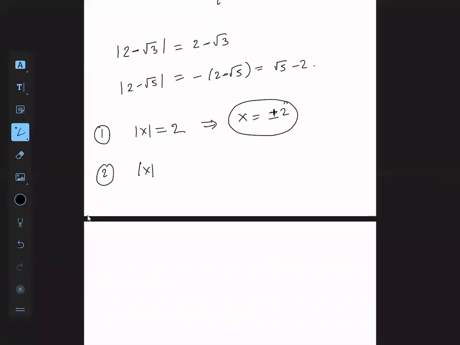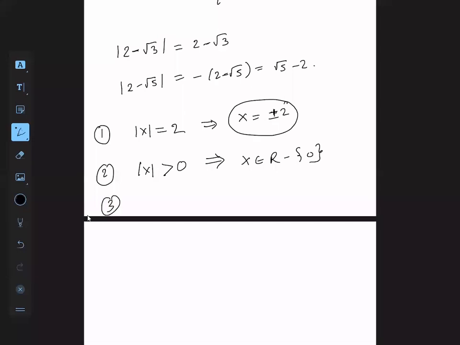What will be the value of x if mod x is greater than 0? Yes, all real numbers except 0.